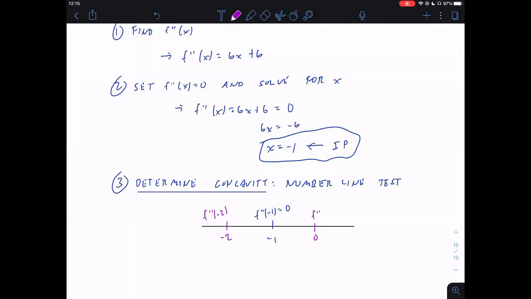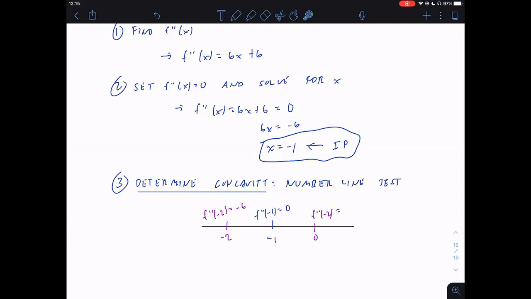All right, so we're going to evaluate negative 2 in the second derivative. So we're going to have 6 times negative 2 plus 6, which is going to give us negative 12 plus 6, which gives us negative 6.